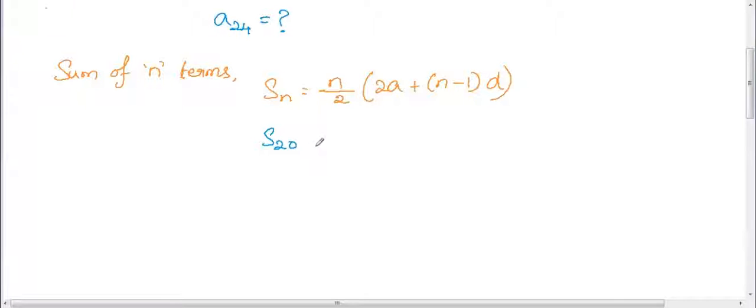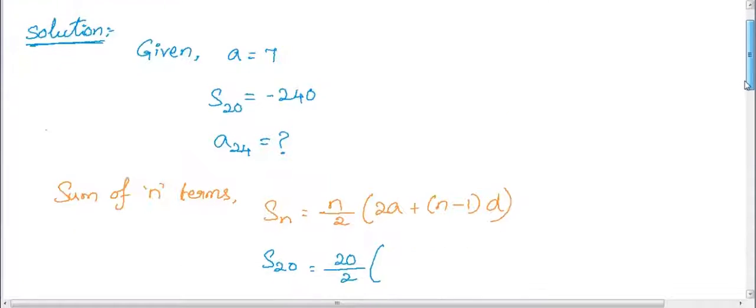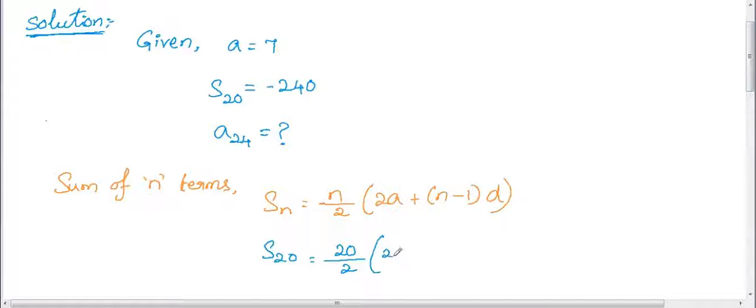So for the sum of the first 20 terms, S20 is equal to 20 divided by 2 into 2 into a, the first term, which is 7, so 2 into 7 plus 20 minus 1 into d.